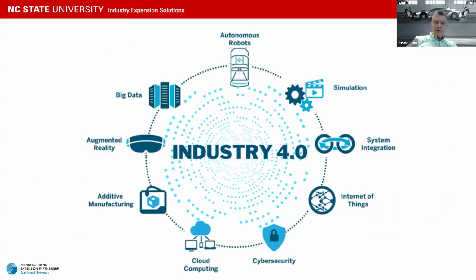So again, if we think about Industry 4.0, you might have your own perspective. But these are some of the big areas of Industry 4.0, and Internet of Things, as you see on this chart, is one of those. But we can't necessarily talk about one without the others.